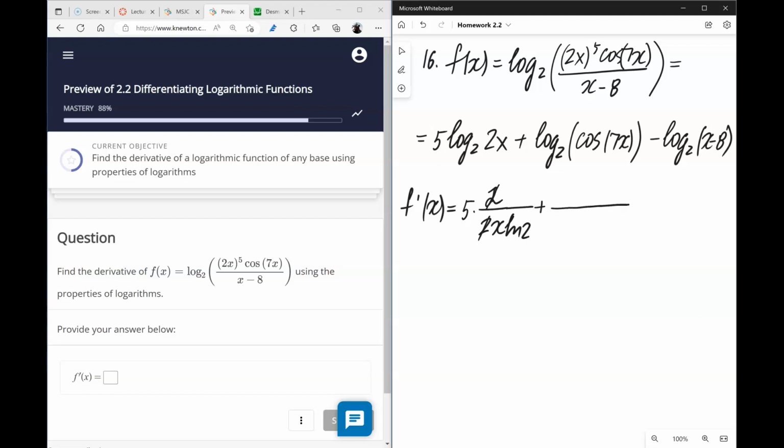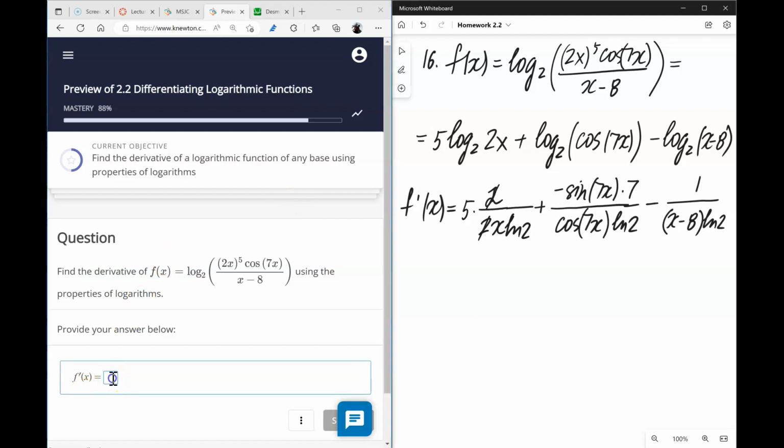Plus, so here we have cosine of 7x in the denominator along with ln of 2. Now multiply by the derivative of cosine, which is negative sine of 7x, but times the derivative of 7x according to the chain rule, which is 7. Finally, x minus 8 ln of 2 times the derivative of x minus 8, which is 1.